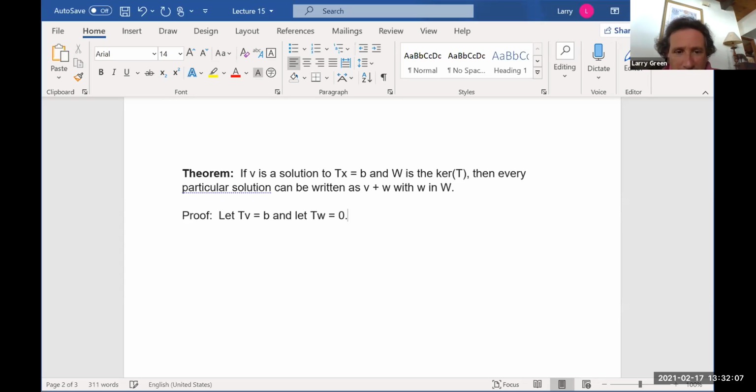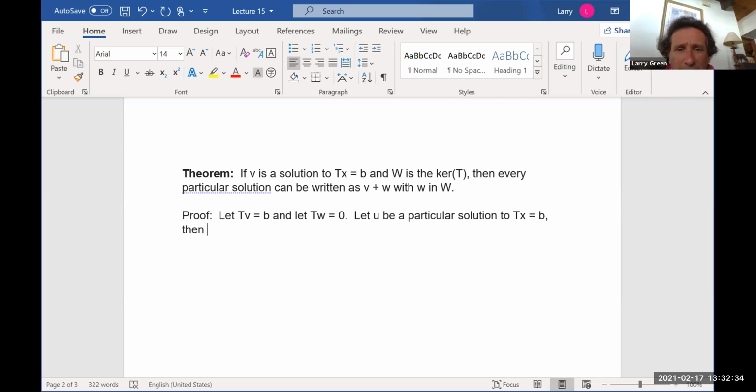Okay, so then let u be a particular solution to Tx equals b. What does that mean? It's very simple.